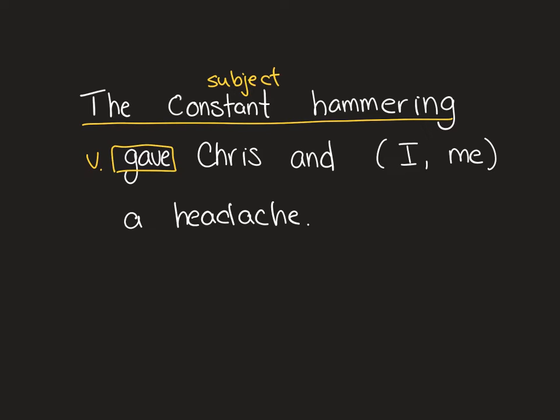You can tell just by listening to it and kind of looking with your ear. If we took out Chris and, we could say the constant hammering gave me a headache. We wouldn't say gave I a headache. We would say gave me a headache. So when we just have Chris in there, we still know that it should be me.